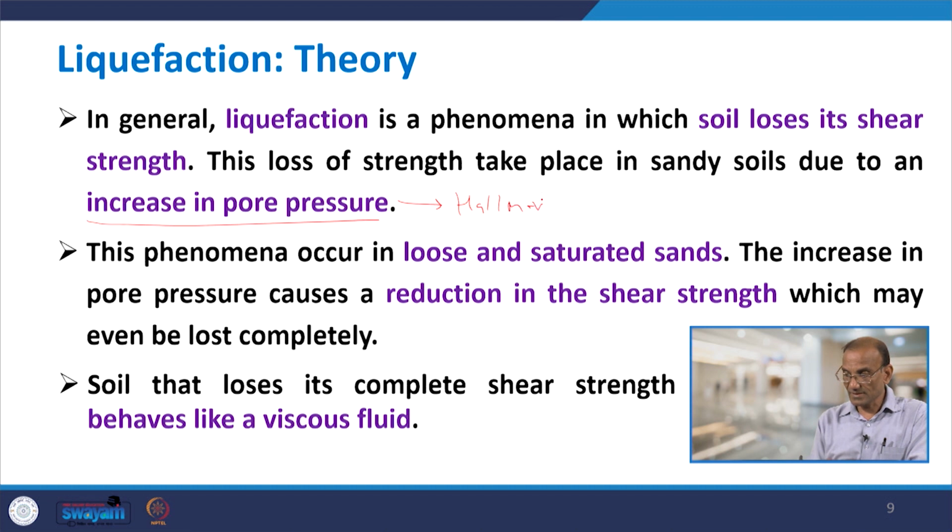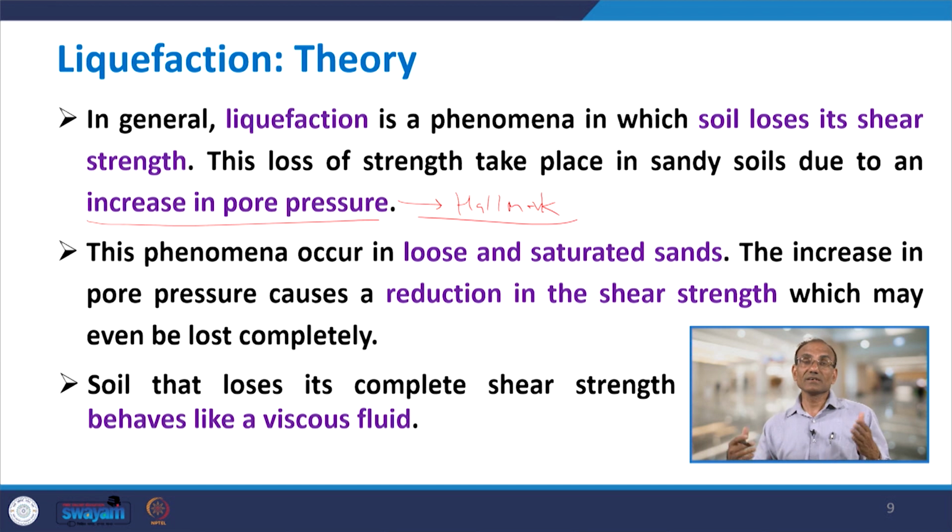Whenever we talk about liquefaction, this is the hallmark, that there will be an increase in pore water pressure. As a result, effective stress will decrease and shear strength will reduce, and if shear strength is reduced to almost 0, that is the point where we say liquefaction. This phenomenon occurs mostly in loose and saturated sands. The increase in pore pressure causes a reduction in the shear strength, which may even be lost completely.